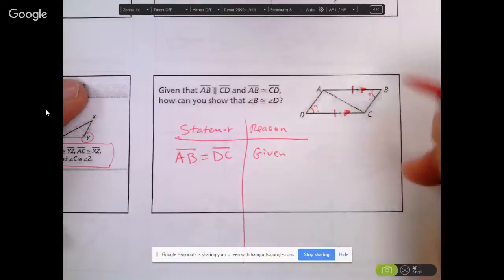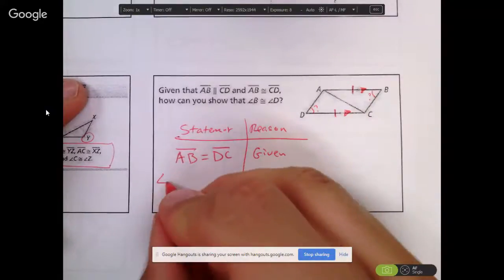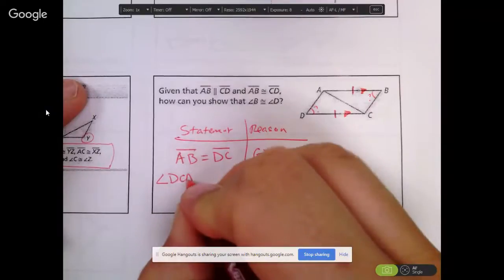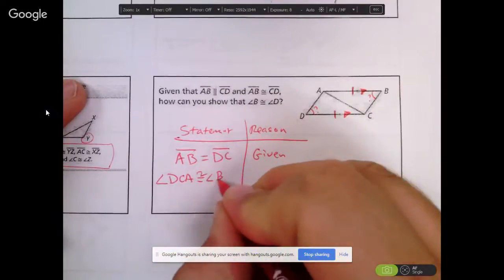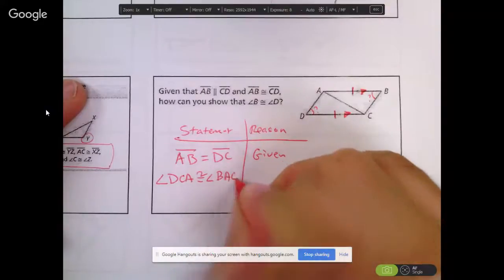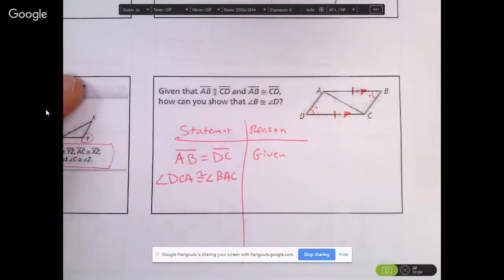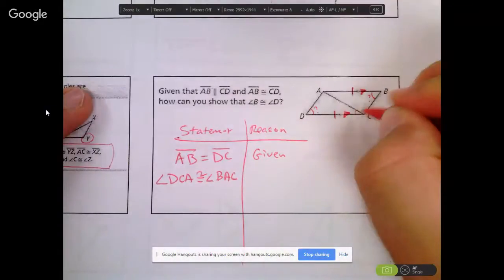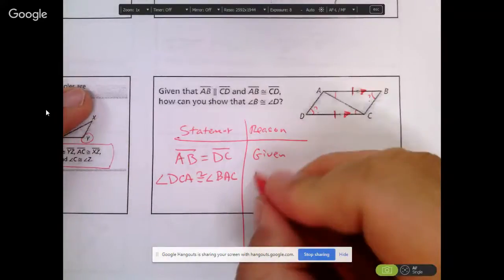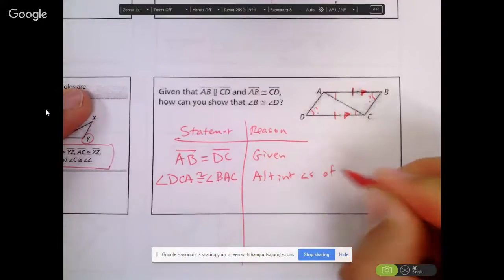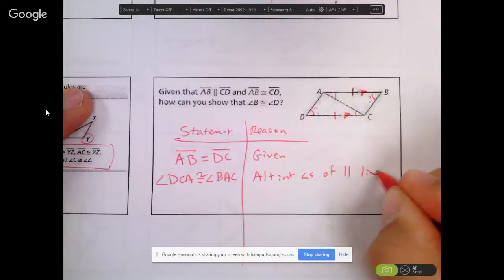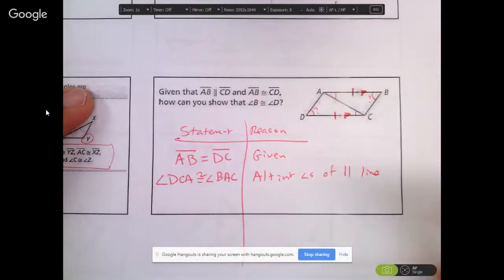I know that my angle DCA is congruent to angle BAC. Does anyone remember how I know that? Alternate interior angles of parallel lines are congruent.